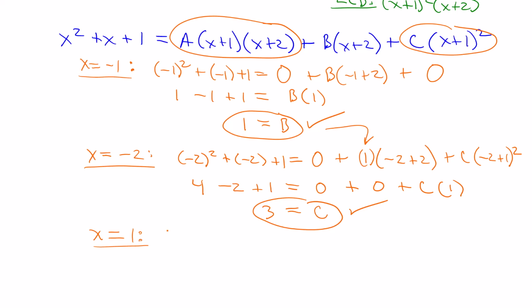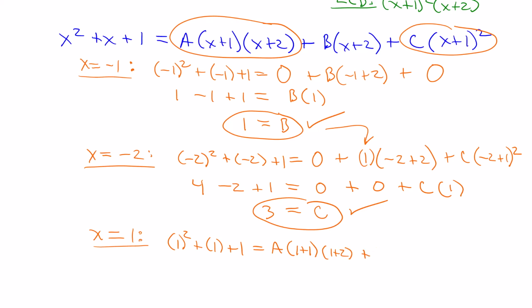If x is 1, going through the same process, the left side of our equation would be 1 squared plus 1 plus 1. And then I'm just plugging 1 in for x in this equation we have after clearing the fractions above. That would equal a times (1 plus 1), just plugging that in still, times (1 plus 2).